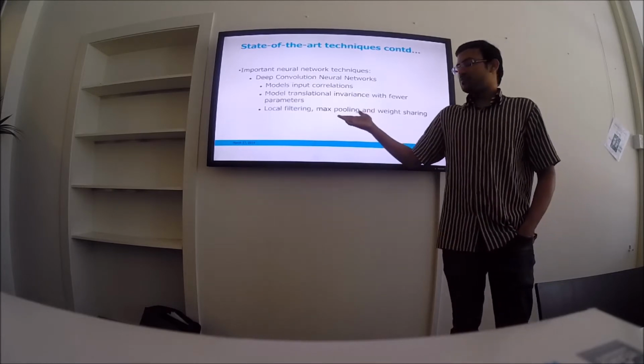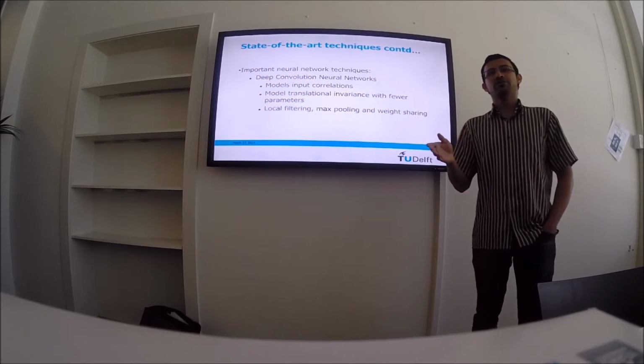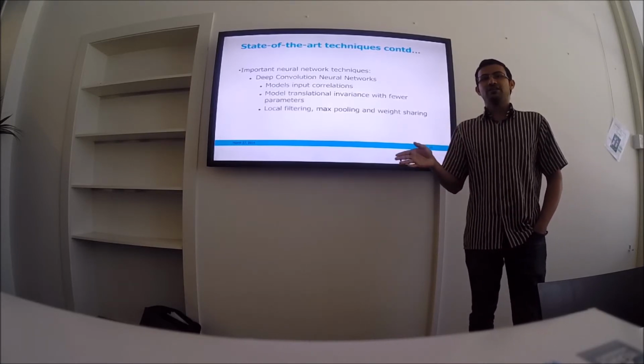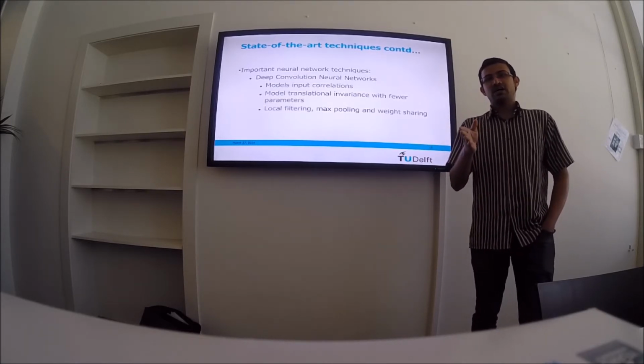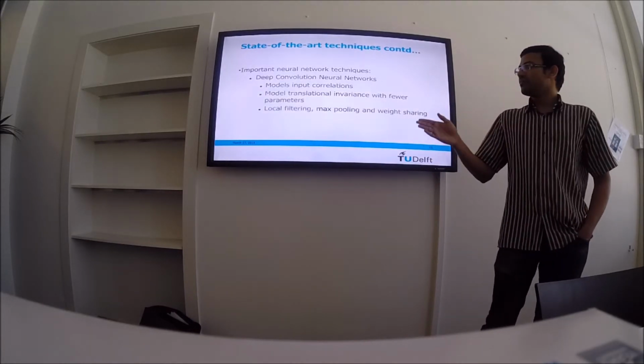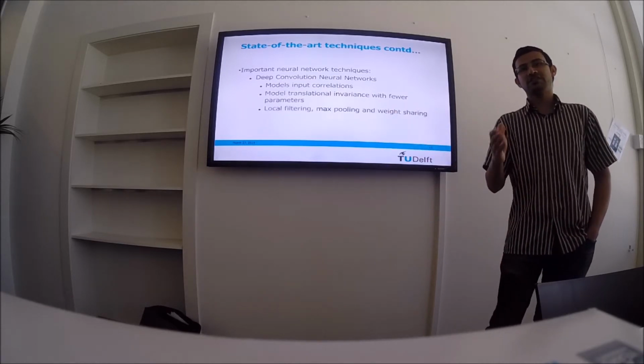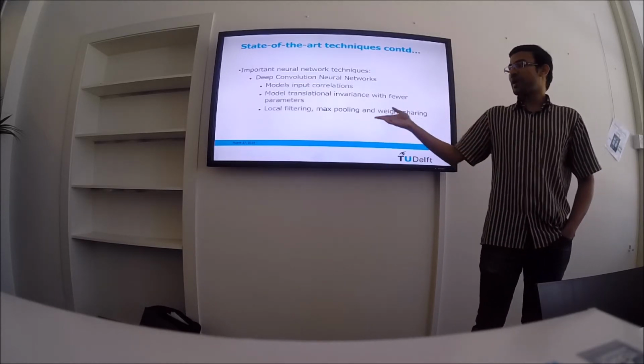The second one is max pooling. These neural networks, as you may already know, have different layers. These layers are made of activation functions, and each layer will have a specific property. There are two layers in this particular network: one is the convolution layer, and the second is the max pooling layer.